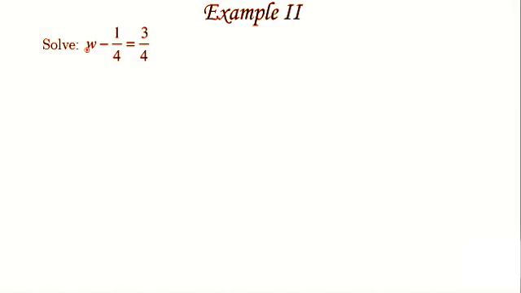When you look at this next example, it appears more complicated because it contains a fraction. However, you just do the same thing. Solve w minus 1/4 equals 3/4. By solve, we want to isolate the w on the left side of the equation.